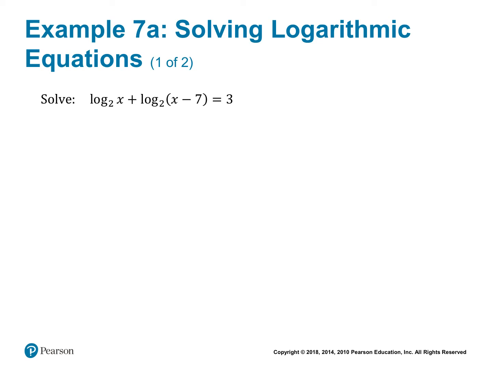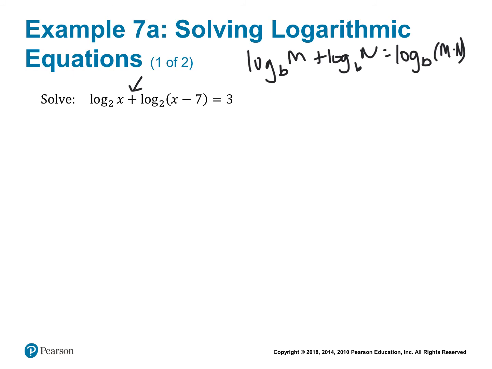Okay, now we're going to solve logarithmic equations. We learned in a previous lesson that when you see this plus sign, this is the product rule. We had learned that log base b of m plus log base b of n can be written as log base b of the product m times n.